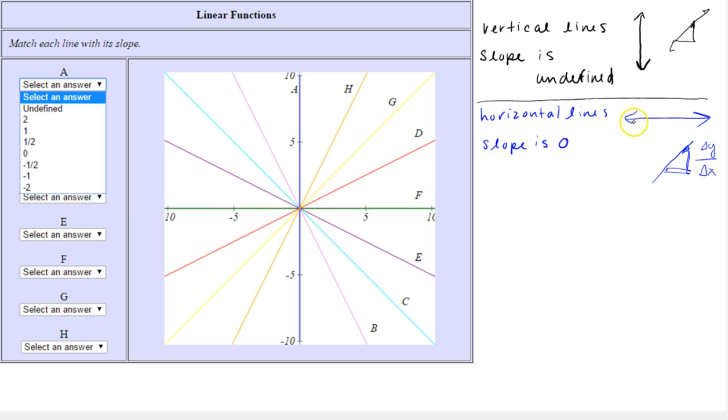Well, if you're on a horizontal line, notice your x keeps changing, but your y is always 0. So it'll be 0 divided by any non-zero number, which gives you a slope of 0. You can also think of it as just being flat. So if you're walking along this, it would be flat. You're not walking up an incline. You're not going down a decline. It's just flat. Just like the vertical line is straight up, it couldn't be any more straight up.